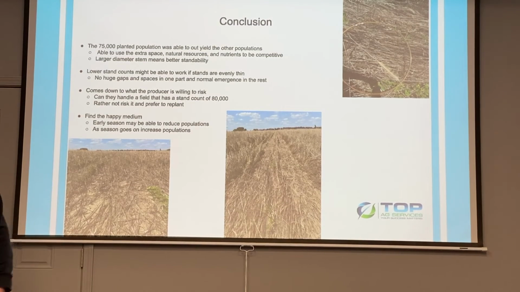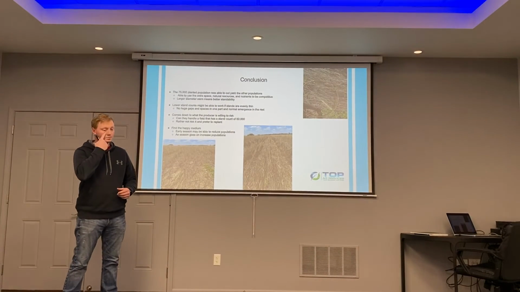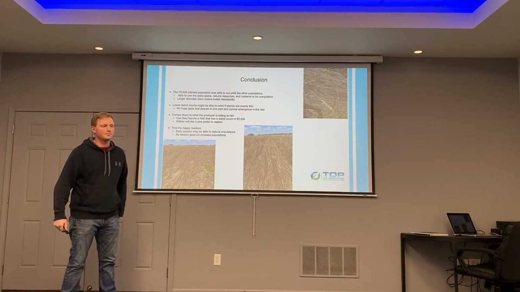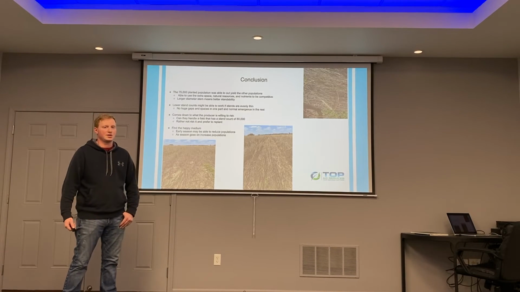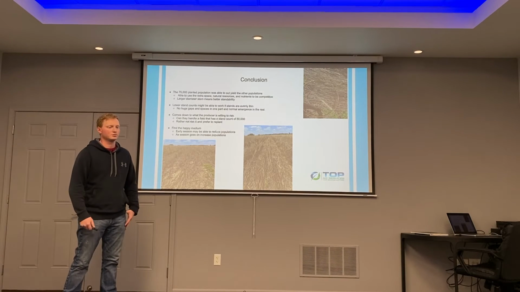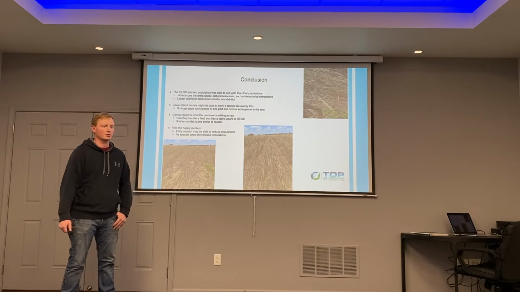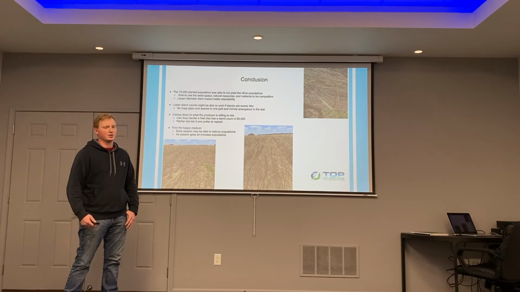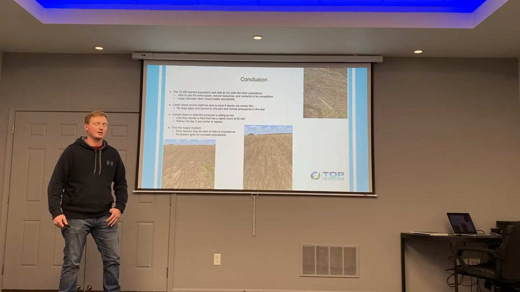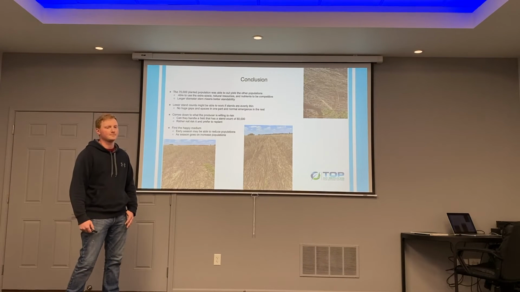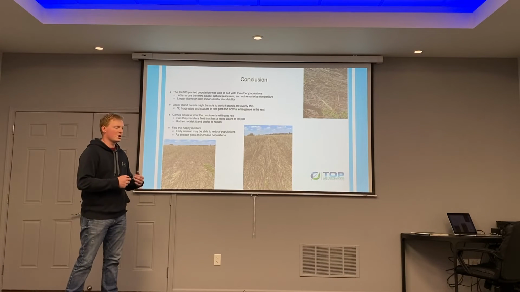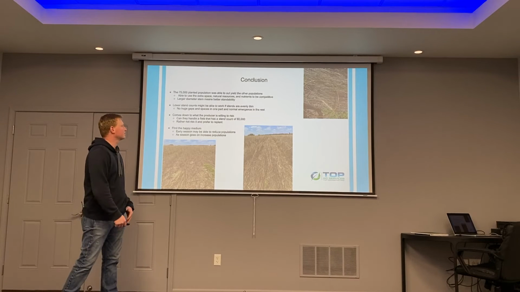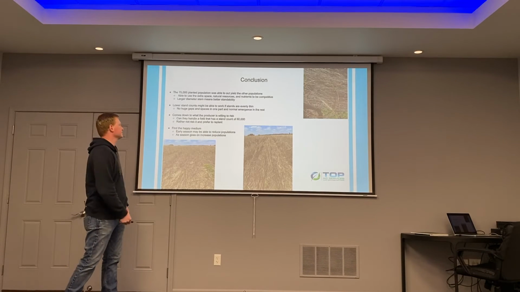So in conclusion, to wrap this all together, the 75,000 population did win our plot research and had the most yield. It was able to do this because it was able to utilize natural resources available to it, had more room to grow, get bigger and bushier, and utilize as much water, sunlight, and other nutrients available in the soil to create more nodes and more branches, which created more pods and more seeds and more protein in the seeds.